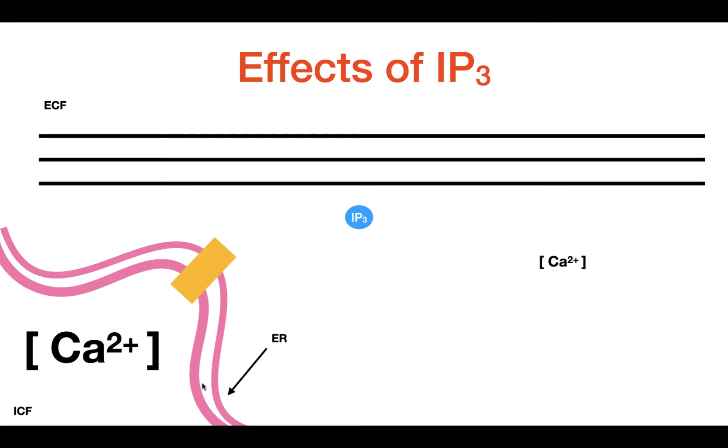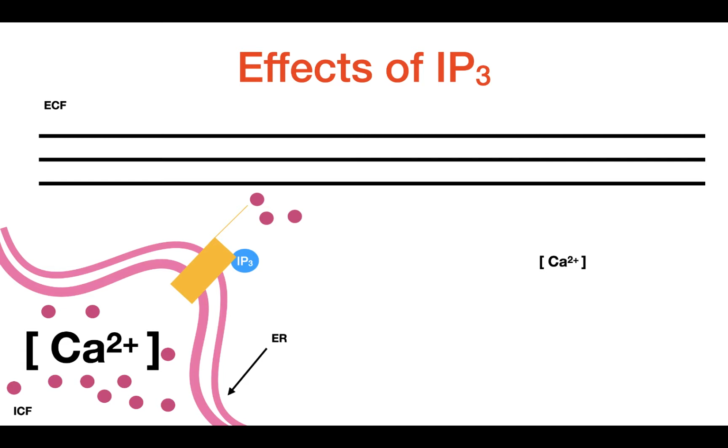So the concentration of calcium inside the endoplasmic reticulum is way greater than the concentration of calcium inside the cytosol. So this is symbolized by having a much bigger calcium concentration here. So what happens is when IP3 binds to the receptor, it opens it, which then allows the calcium inside the endoplasmic reticulum to flow down its concentration gradient into the cytosol.